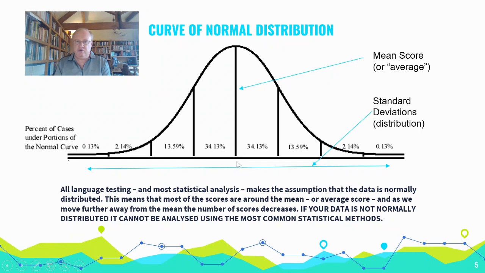The curve of normal distribution assumes that most of our observations will fall at or near the mean. As we move further away from the mean, the number of observations will become fewer and fewer and fewer.